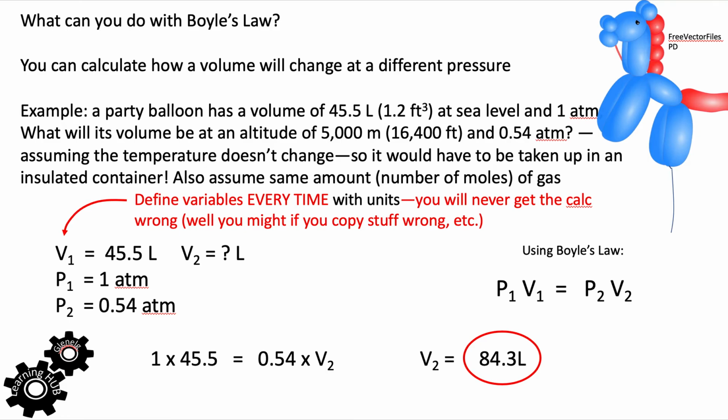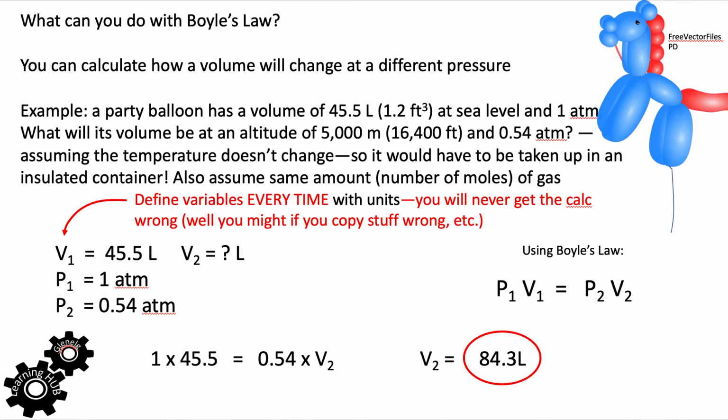The height isn't going to be in the calculation, but the pressure is less with increase in altitude, and here it's 0.54 atmospheres. We have to assume the temperature doesn't change. In reality, it does get colder as you head upwards, so it'd have to be inside an insulated container, and assume that the amount of gas does not change.